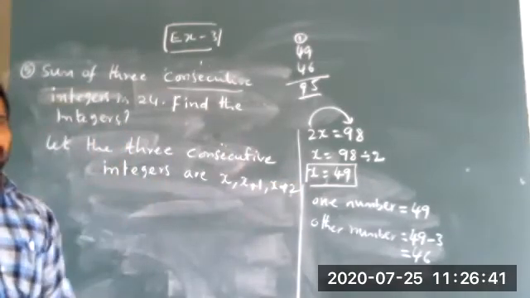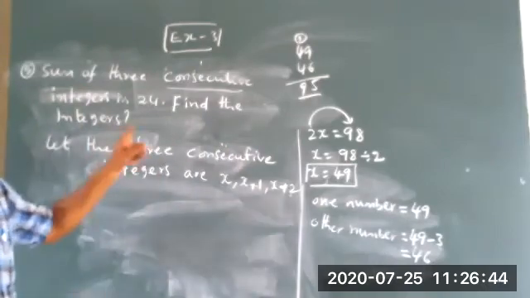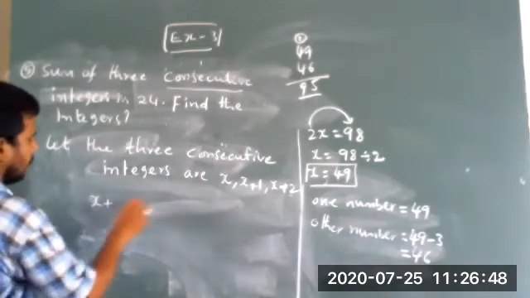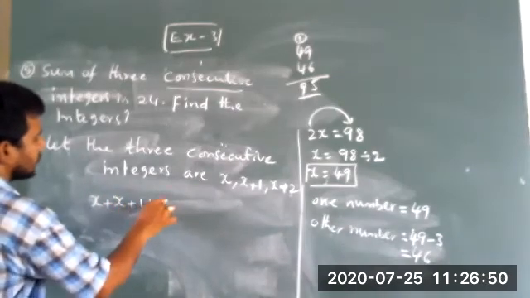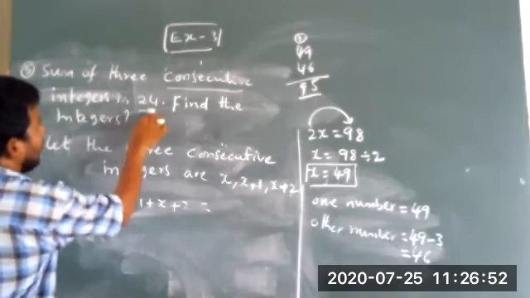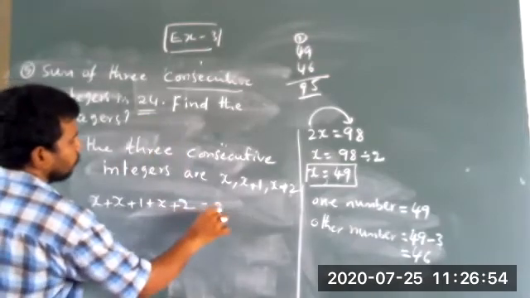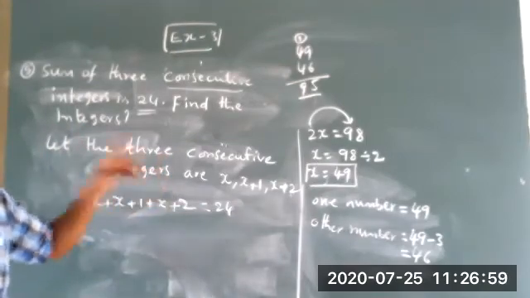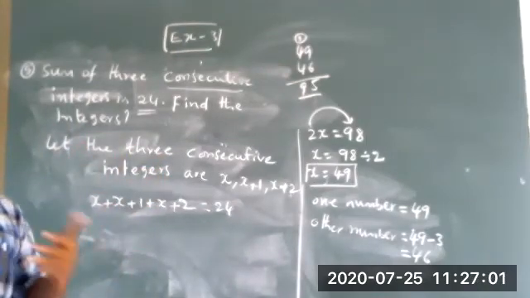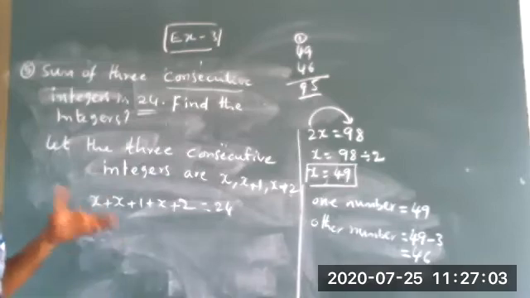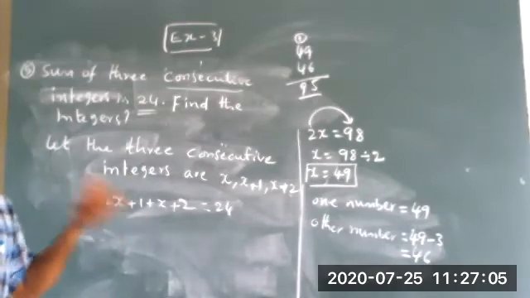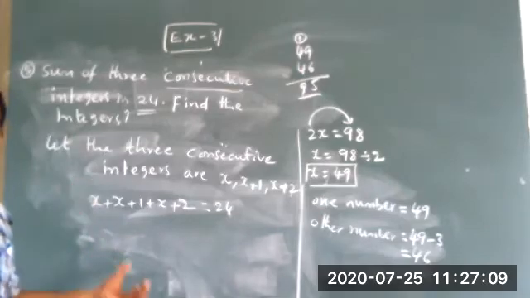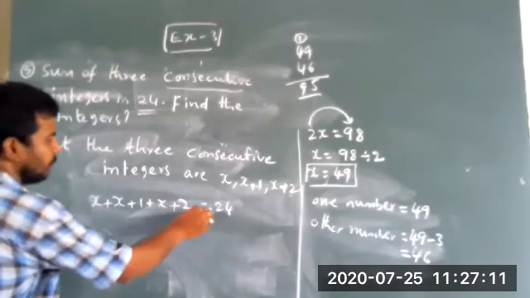These are consecutive integers. The sum of three consecutive integers is 24. That means x plus x plus 1 plus x plus 2 equals 24.